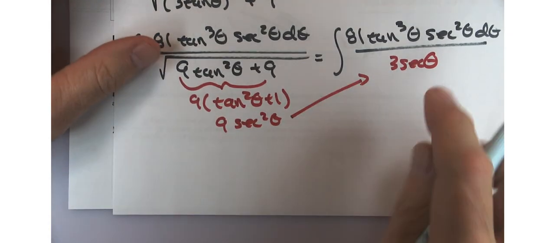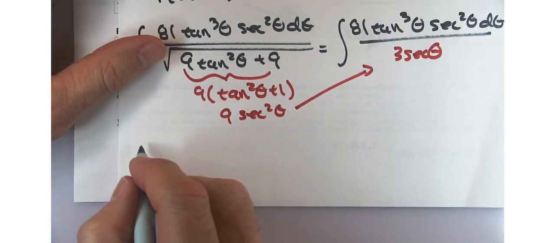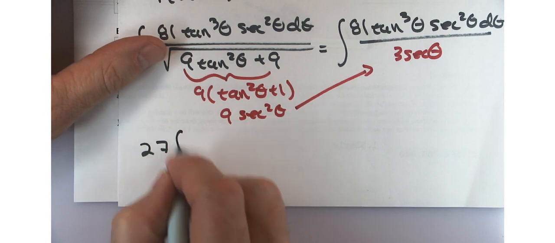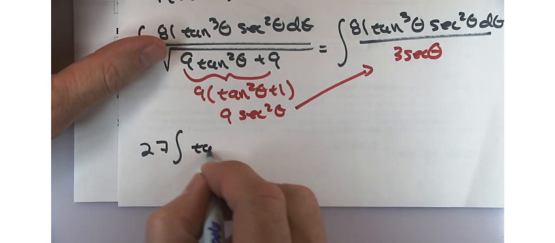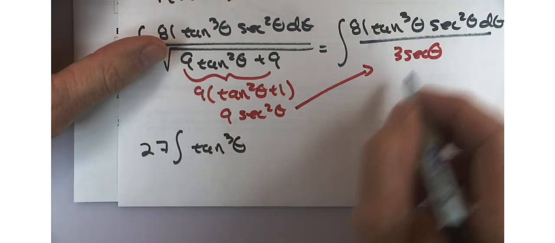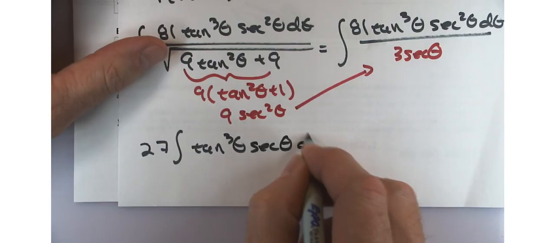Yeah. The secant can cancel. The 3 can cancel. So I'll take a 27 out in front times the integral of tangent cubed of theta times secant of theta d theta.